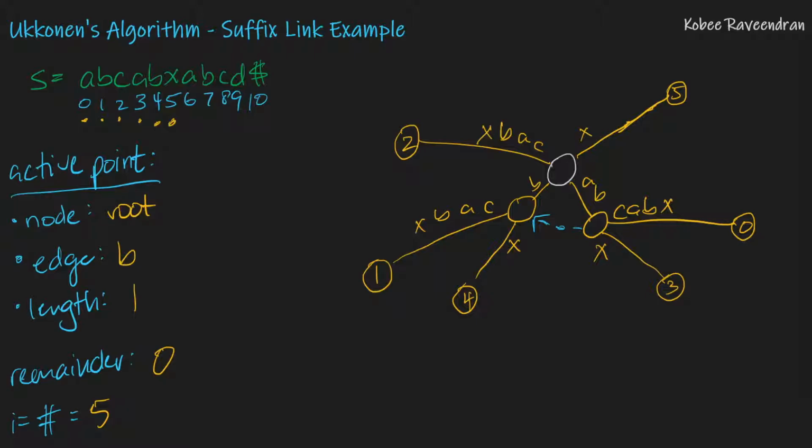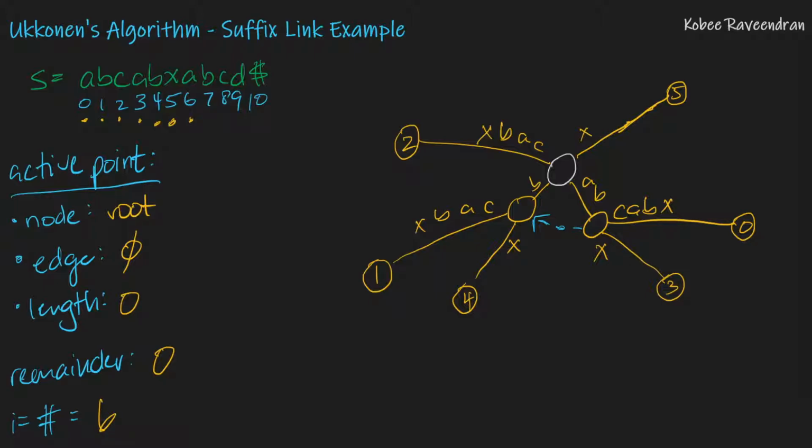And our active length also will go down to 0. Since it's 0, we can effectively say that our active point is now again back at the root. So I'll go ahead and set this to null for clarity. All right, we're done with that iteration. So I can increment this to 6.